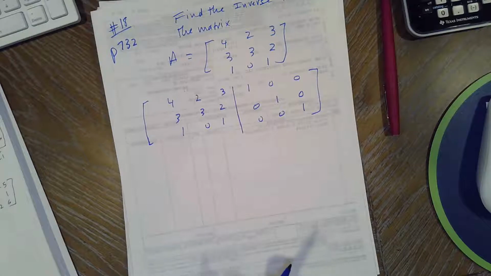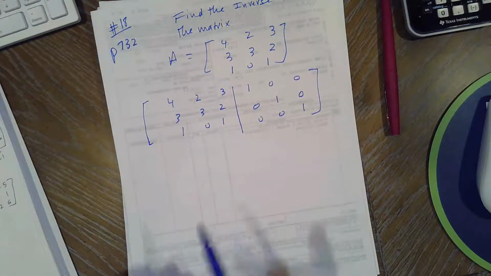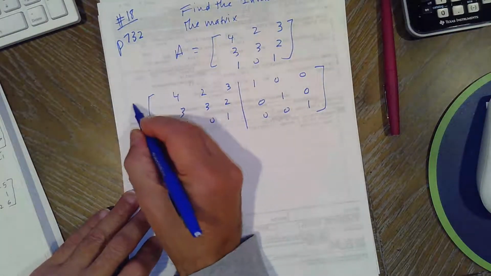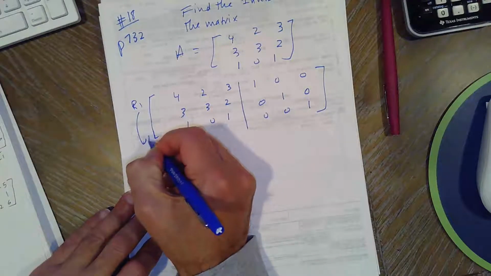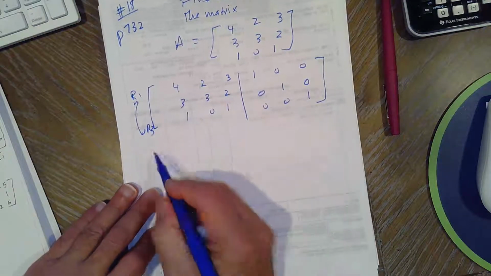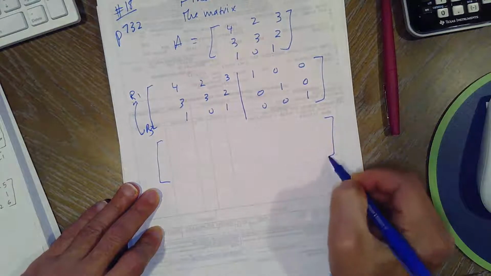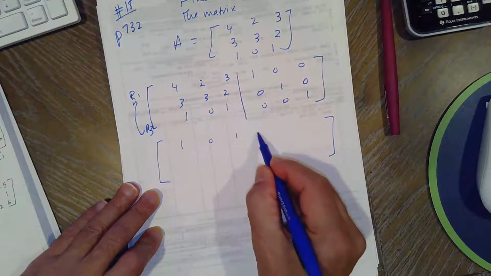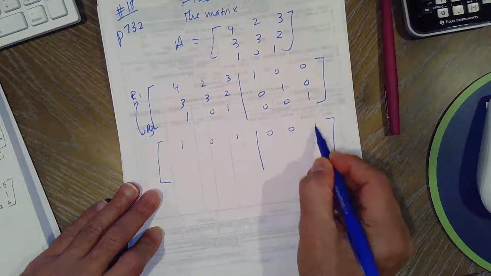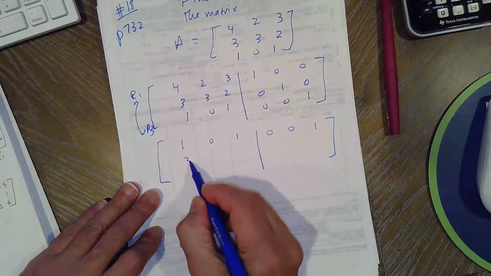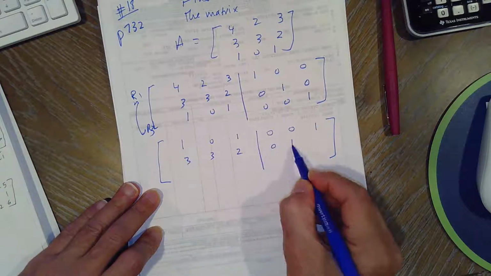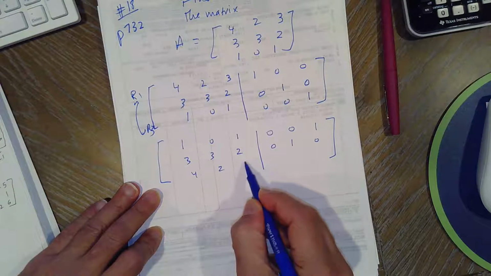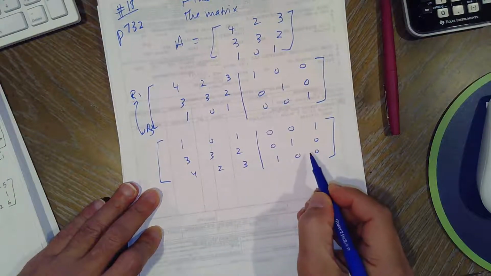The first thing we can do here is to swap rows 1 and 3. You can see why, so we can get the 1 up there. So let's do that. 1, 0, 1, 0, 0, 1, and then 3, 3, 2, 0, 1, 0, and then 4, 2, 3, 0, 0.